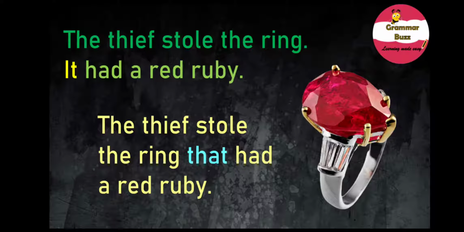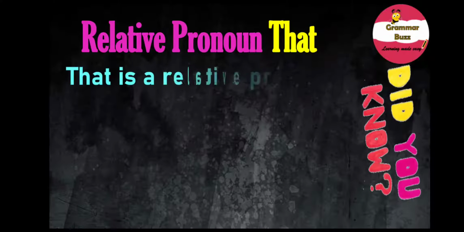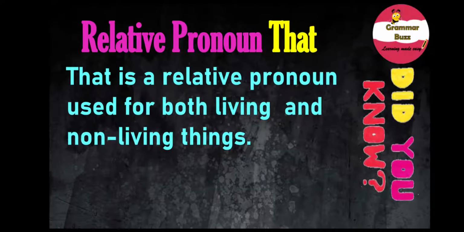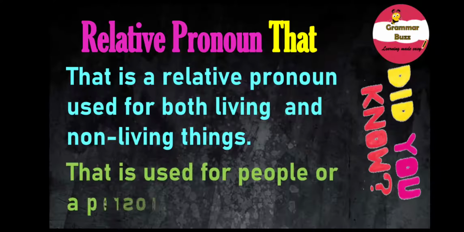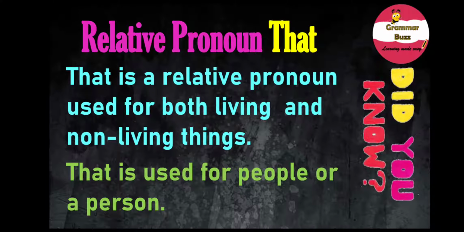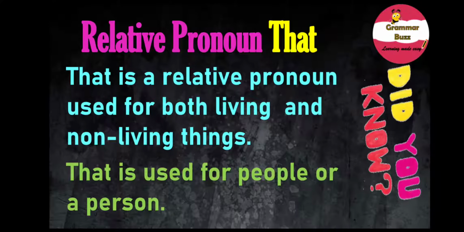Well, with that we move on to our Did You Know? And what do we have to know? Well, that is a relative pronoun used for both living and non-living things, and that is also used for people or a person.